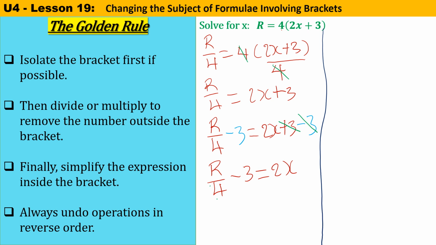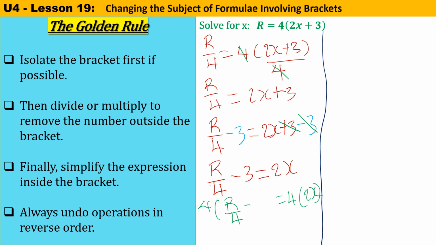So our new equation would be 4 times r over 4 minus 4 times 3 equal 4 times 2x. We are multiplying everything in here by 4, and that's why I have 4 times 3 right here.